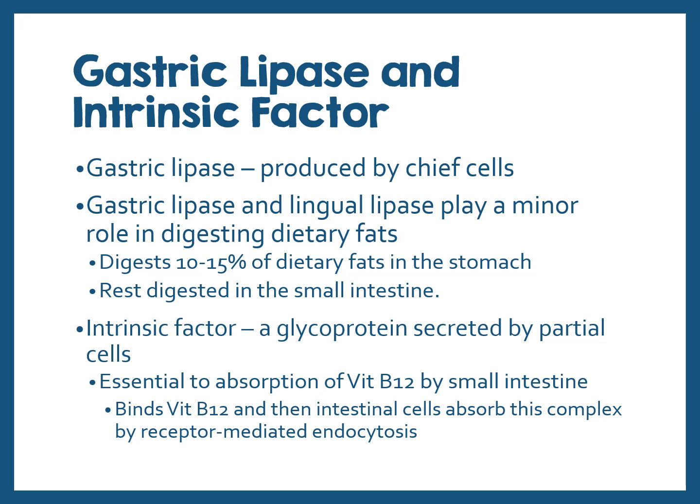Intrinsic factor will bind to vitamin B12, and then that complex will be able to be absorbed by cells in the intestines via receptor-mediated endocytosis. And we talked about megaloblastic anemia, which can form from a lack of vitamin B12.